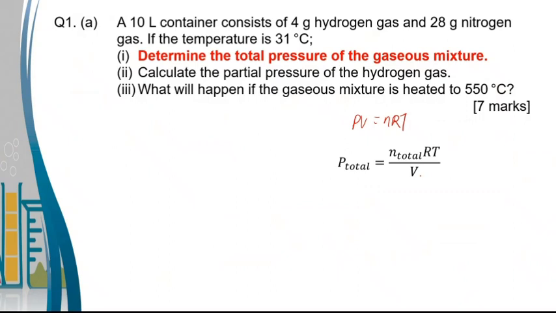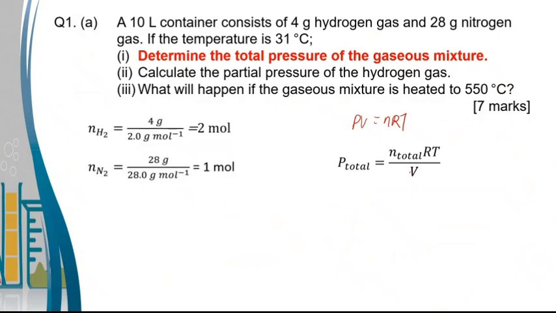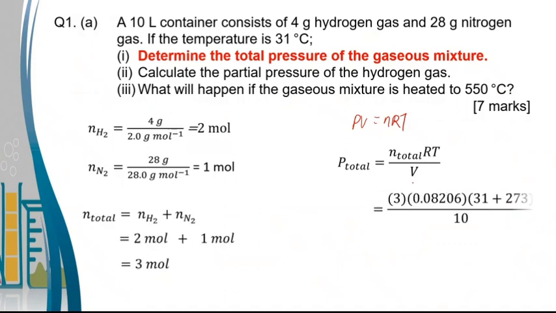To get the n total, we need to calculate the mole of hydrogen gas and mole of nitrogen gas. The number of mole of hydrogen gas is 2 mole and the number of mole of nitrogen gas is 1 mole. So the total number of mole is 2 plus 1, which is equal to 3.